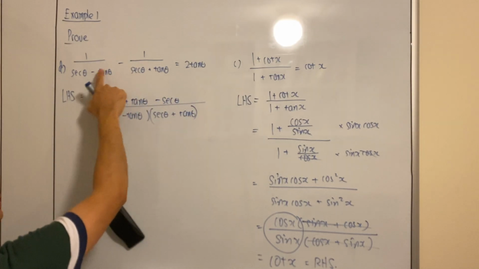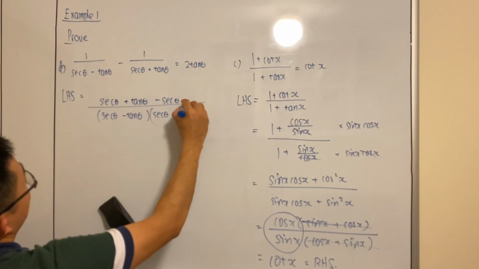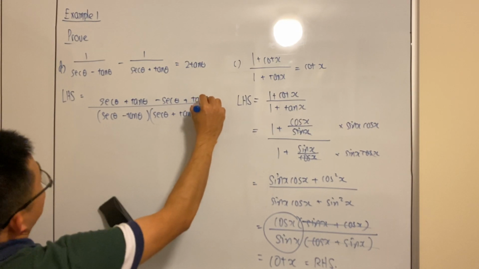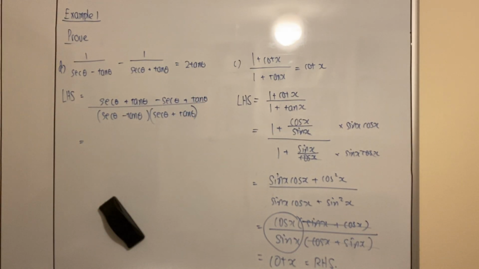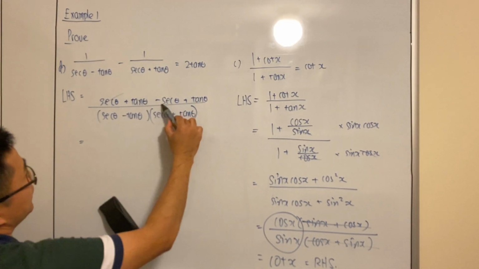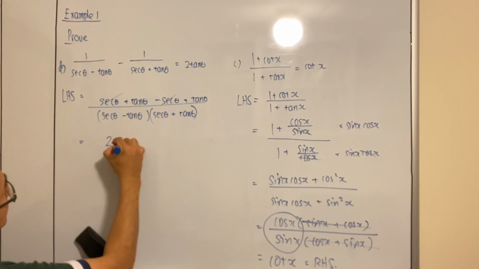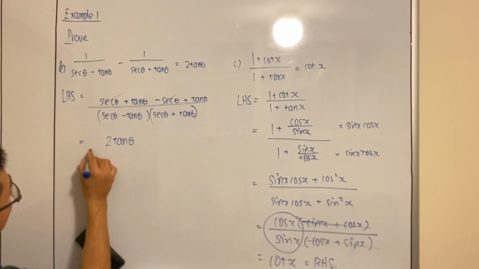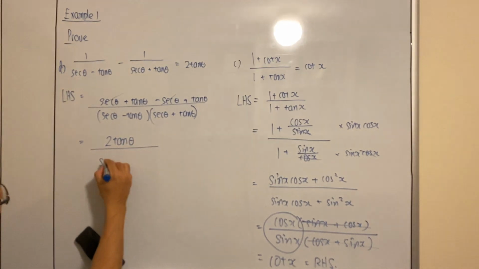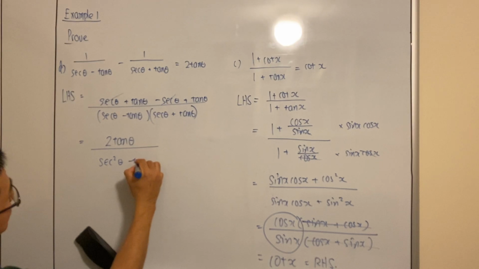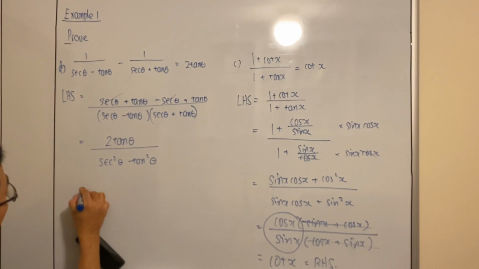But remember, you've got another minus. These two minuses combined become a plus. All right, looks pretty good now. Now I think you can cross these two out. One is positive, the other one is negative. So you get 2 tangent theta over the difference of 2 squares, sec squared theta minus tangent squared theta.